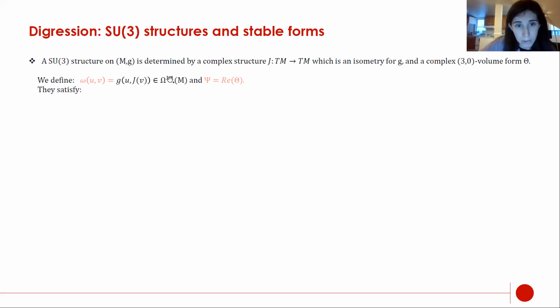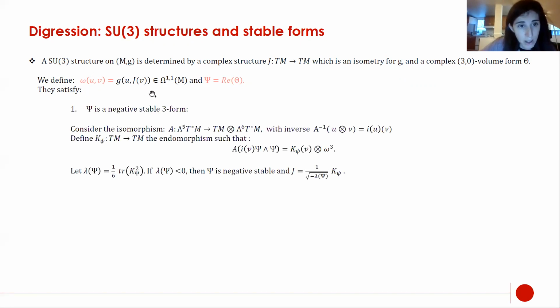And this form satisfies some conditions. First of all, psi is a negative stable form. And for defining that, one can consider the isomorphism of the space of five forms and the tensor product of the tangent space times the volume forms of M, whose inverse is just the contraction of a vector on the volume form.